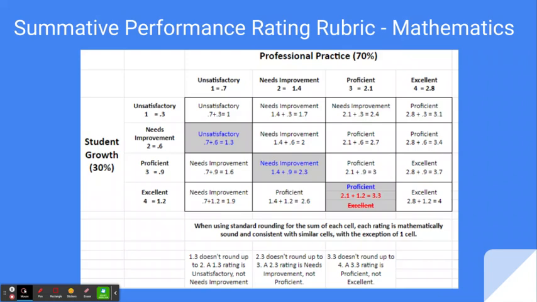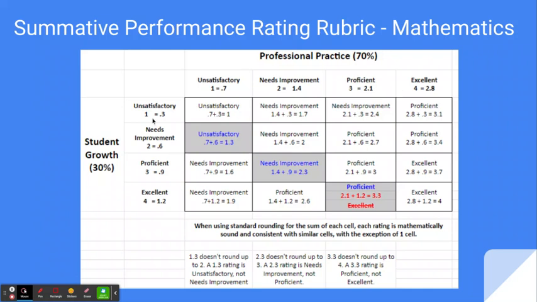So this is the same rubric with numbers applied, professional practice ratings across the top, student growth ratings down the side. So at 70%, a professional practice rating of unsatisfactory equals 7/10. We double that number for a 2, we triple that number for a 3, we multiply by 4 for an excellent.